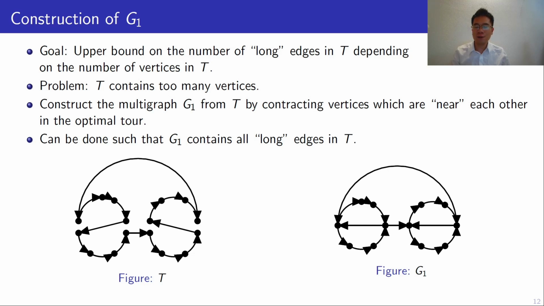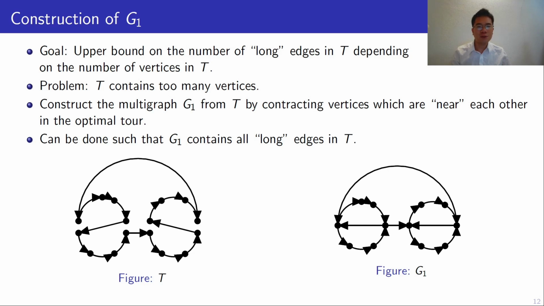And in the right figure we have the multigraph G1. You can see that we have contracted some of the vertices, and note that we contracted the vertices which are near each other in the optimal tour, and the optimal tour is not depicted in the figures, so it is not possible to tell from the figures why we contracted these vertices.